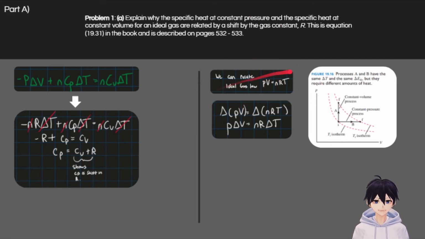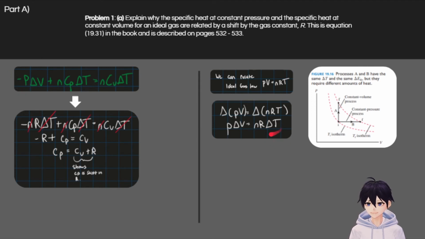When you take the change in variable and move it into the equation, you'll be left with the pressure multiplied by the change in volume being equal to the number of moles times the gas constant times the change in temperature. We see that this is the same as this, but don't forget the negative.